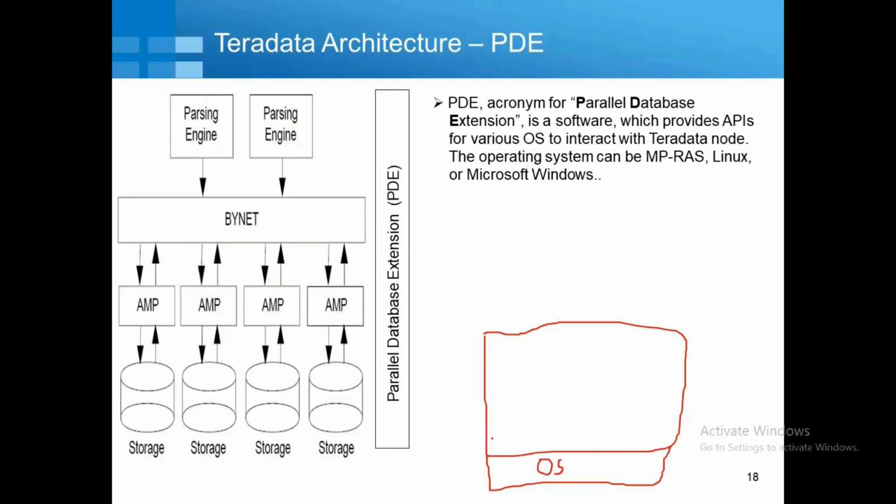In our system, it will be mounted on the Windows OS. But in real time, Teradata will be installed on Unix or Linux or Red Hat, Ubuntu, any one of the operating systems. The interaction between the OS and the database is taken care of by this PDE, Parallel Database Extension.